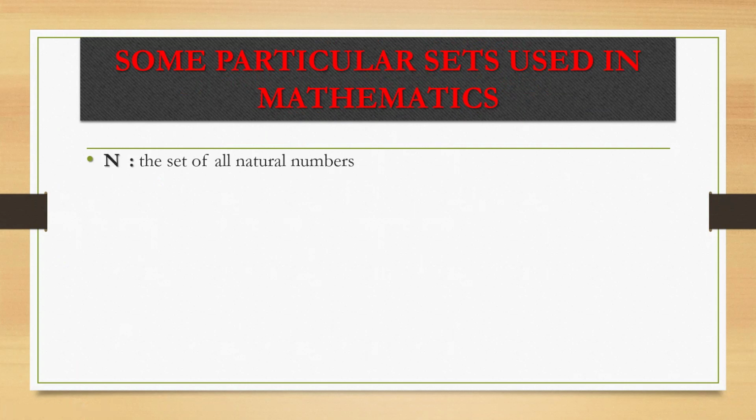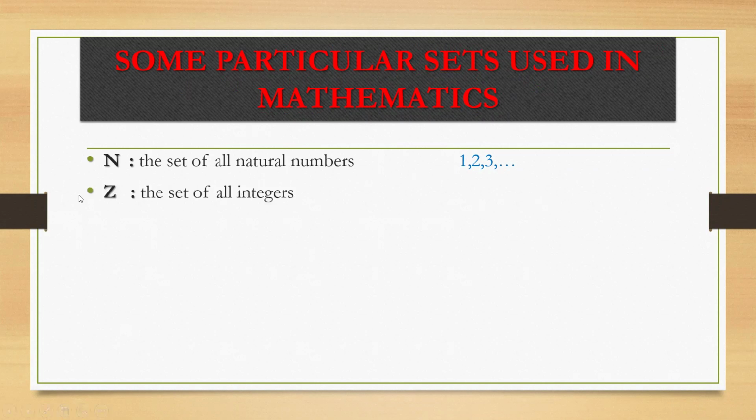The numbers starting from 1 are known as natural numbers: 1, 2, 3, etc. This is the first set. So it is also a collection of objects, and we are clearly able to say whether a given number belongs to this set or not. So it is a well-defined collection and hence a set.